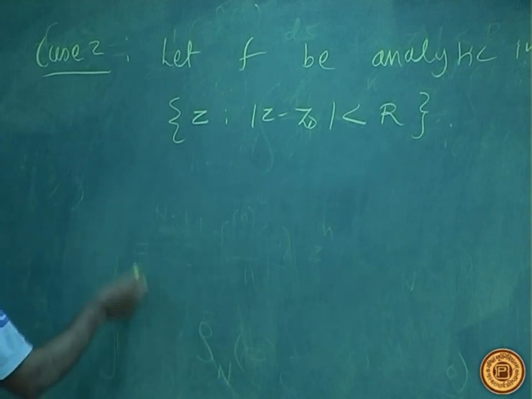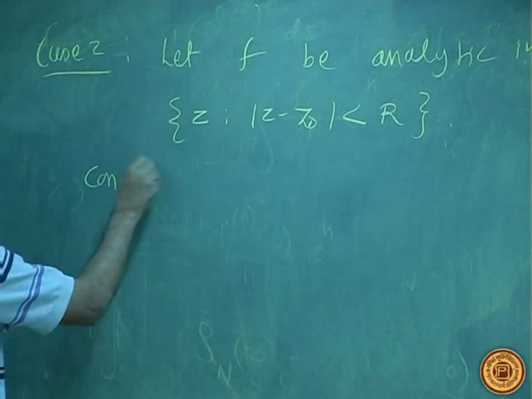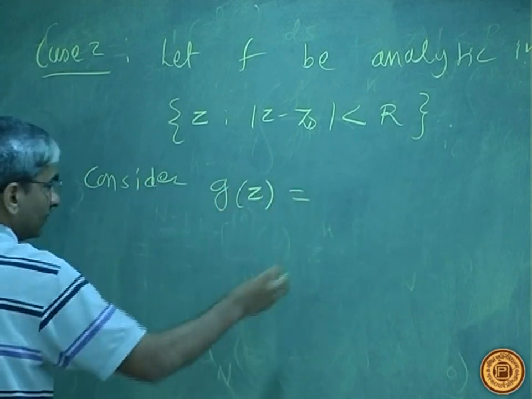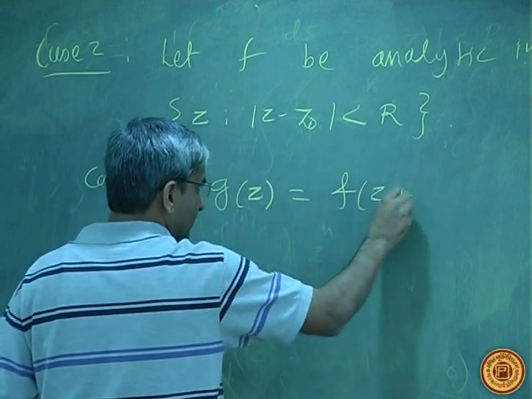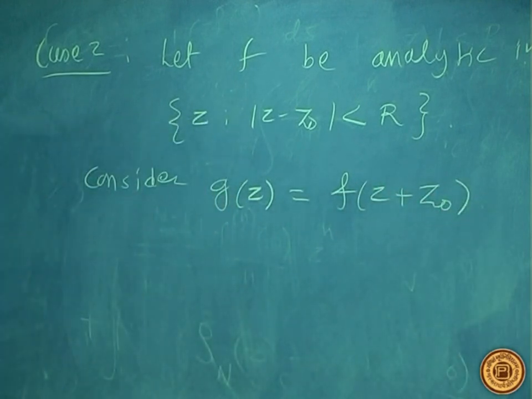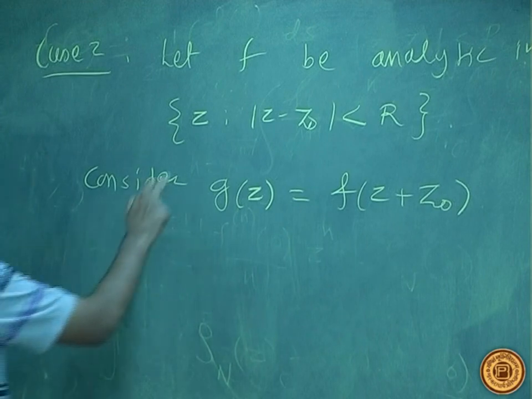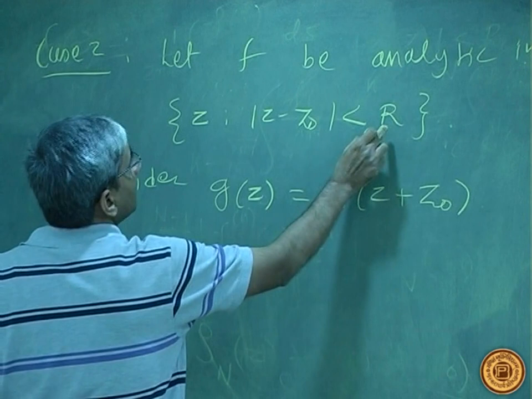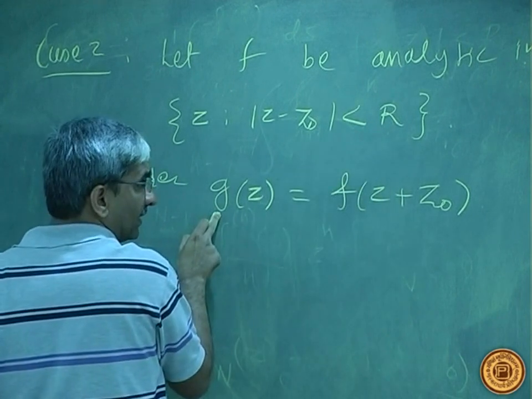Now consider the function gz equal to f of z plus z naught. If z plus z naught minus z naught is less than r in modulus, then at those points g will be analytic.